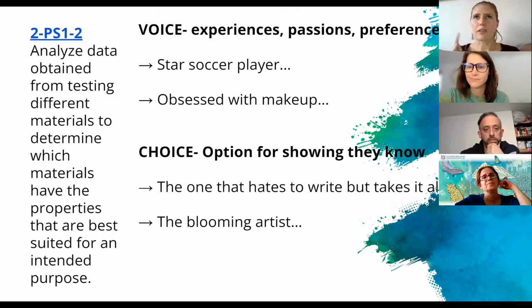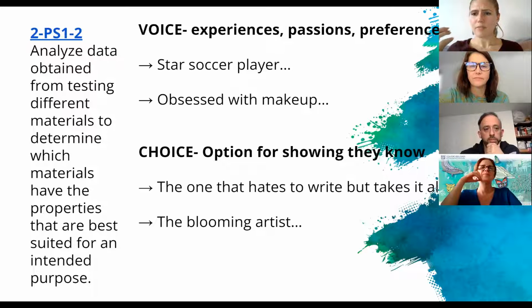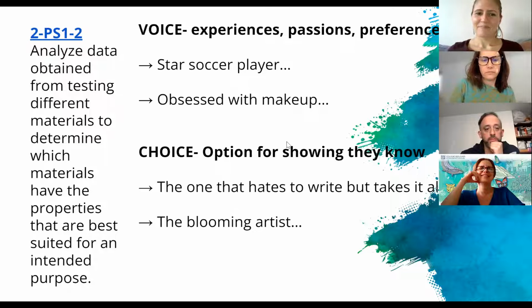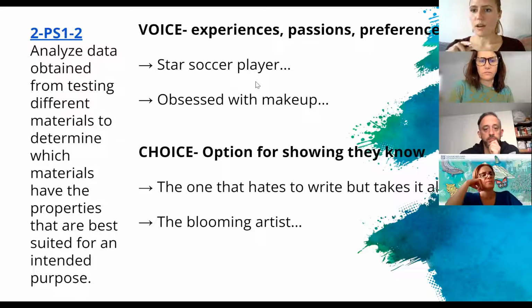So think to yourself, okay, soccer players, materials, they've got jerseys, they've got shoes, they've got different soccer balls. There's probably more things that I don't know about, not super athletic. So you could potentially have them test materials for a jersey or materials for the insole of a soccer shoe, or think about why soccer balls aren't made of wood or metal or things like that.